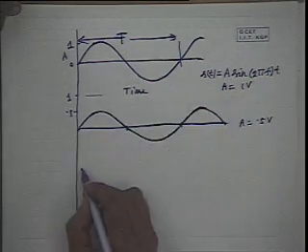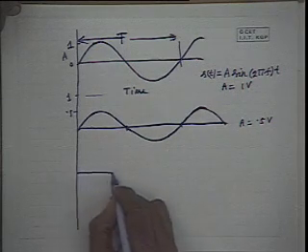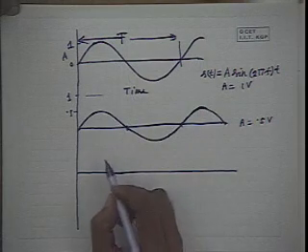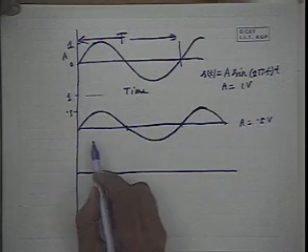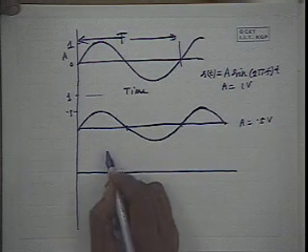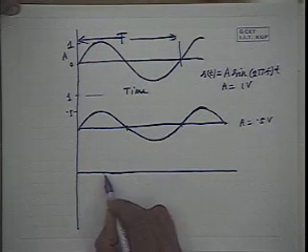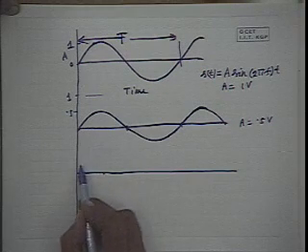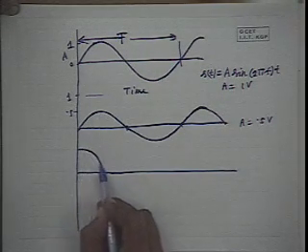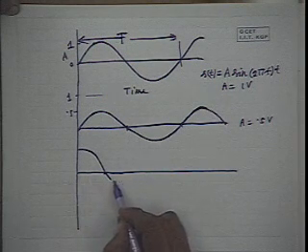Now let us vary another parameter. Suppose we vary the phase. If we vary the phase, then say we are starting with the middle of this signal, that means in this way.